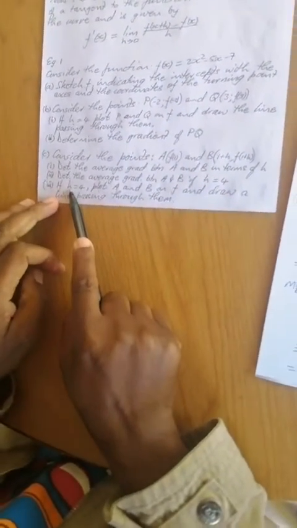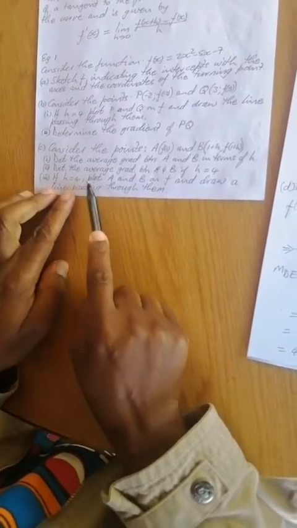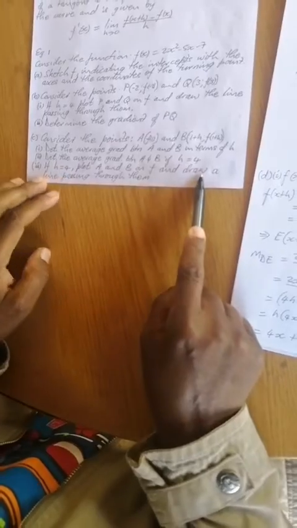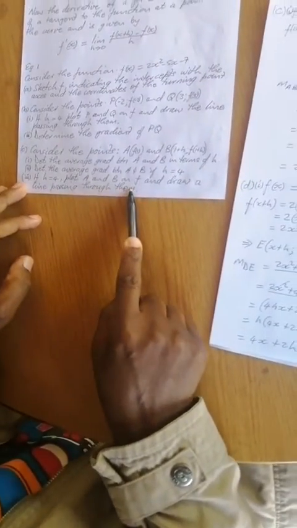Part 3 reads, if h is equal to 4, plot A and B on f and draw a line passing through them.